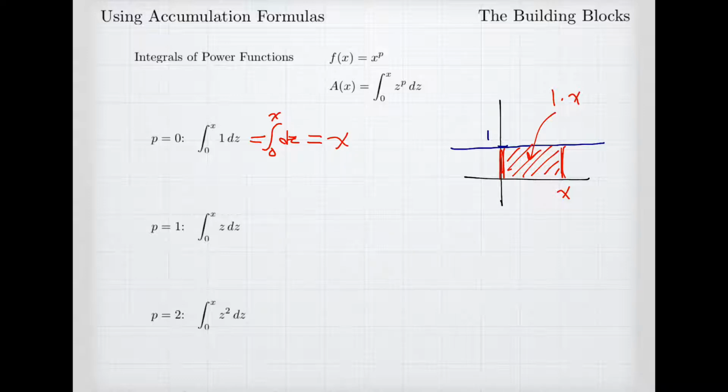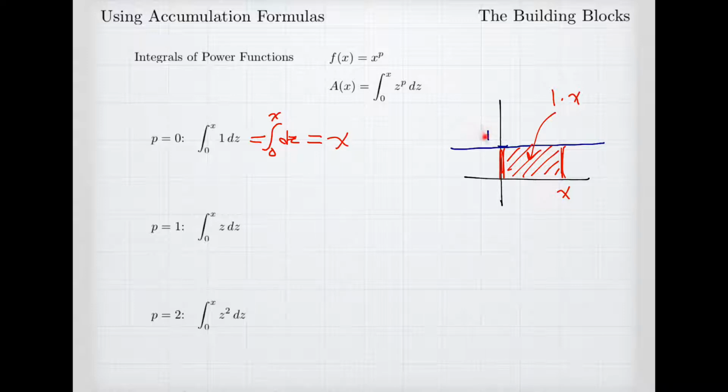What we found then is if I do an integral starting at 0 and going to some endpoint, the integral of 1 dz is equal to the value of that upper endpoint, so x.